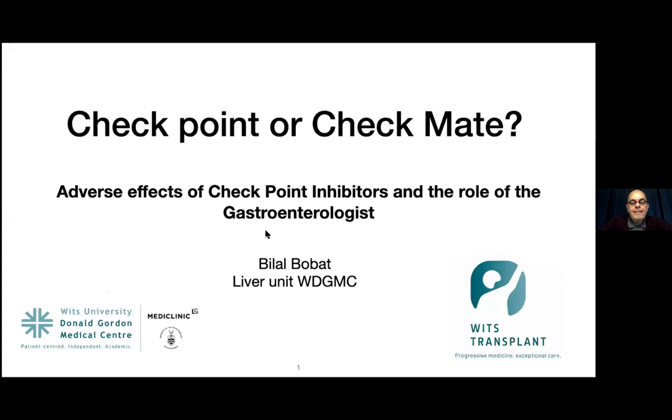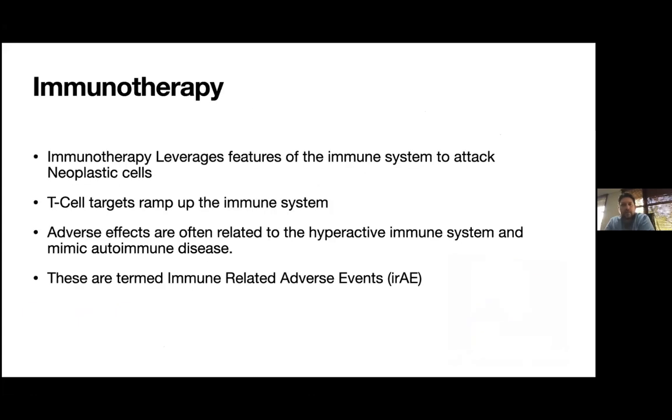So what I'm basically going to do is just give a rough overview on checkpoint inhibitors and the role of the gastroenterologist in identifying these. Jonathan is going to focus on managing the colitis aspect, which, as we have split the talk, is a talk on its own. Checkpoint inhibitors are part of a group of therapies called immunotherapies that have been harnessed to manage malignancy.